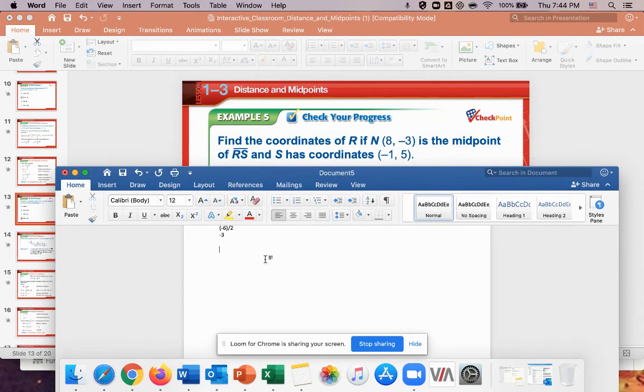The first thing we're going to do is write out our equation. Mx, which is the midpoint x, equals x1 plus x2 divided by 2. In fact, I'm going to move that down a little bit, and I'm going to put our coordinates up here. So we've got 8, negative 3, and we've got negative 1, 5.